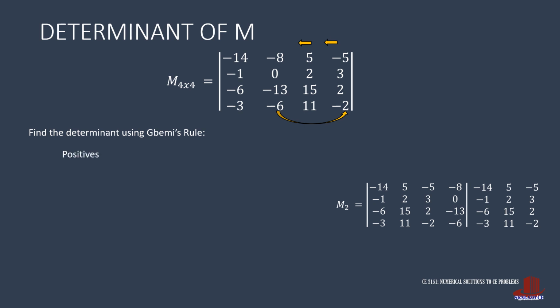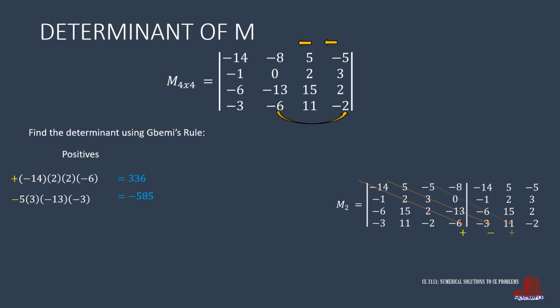For the positives, the first diagonal contains elements -14, 2, another 2, and -6, multiplied together to have positive 336. The next set of elements are 5, 3, -13, and -3, multiplied to give -585.